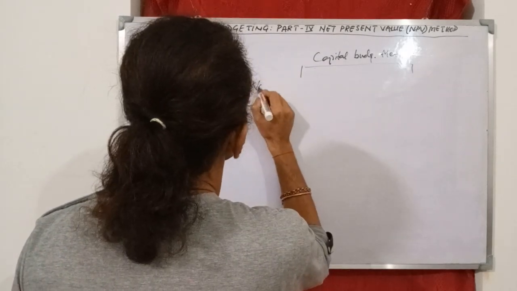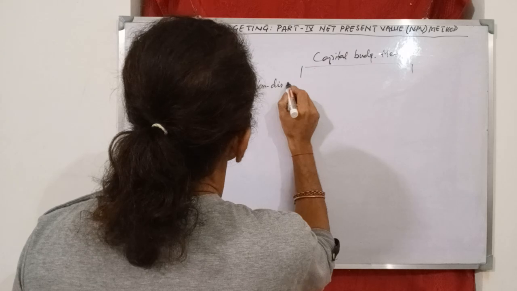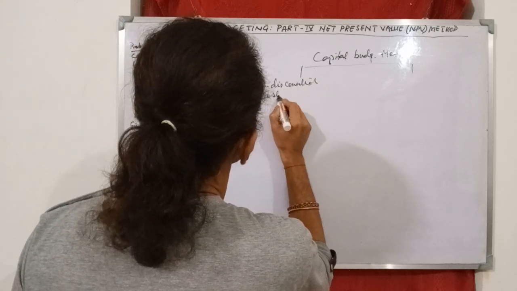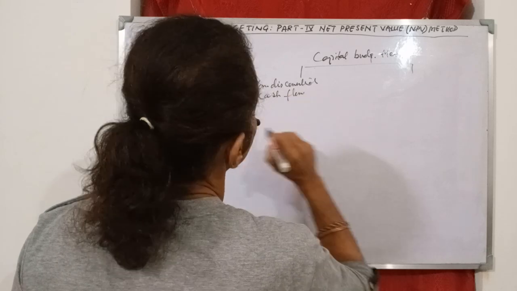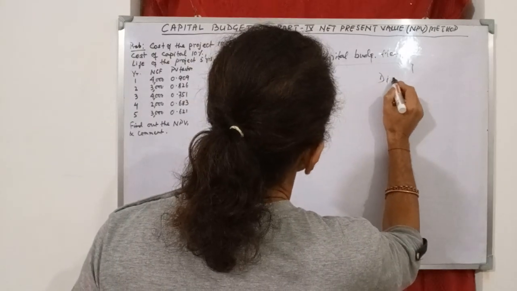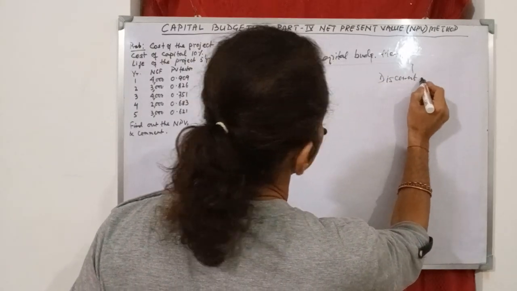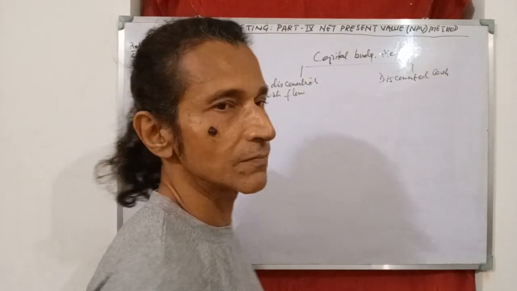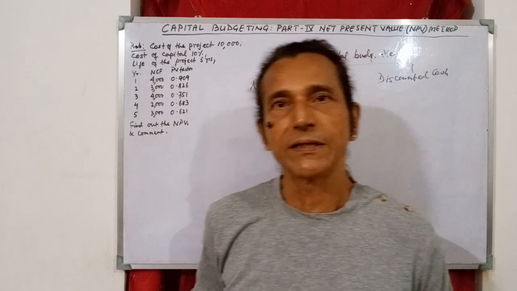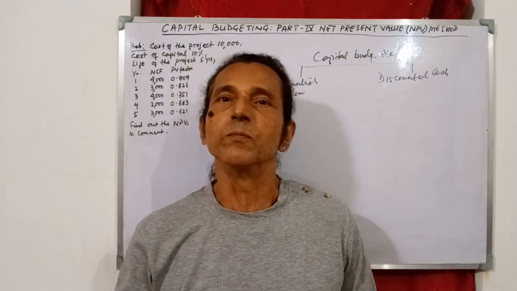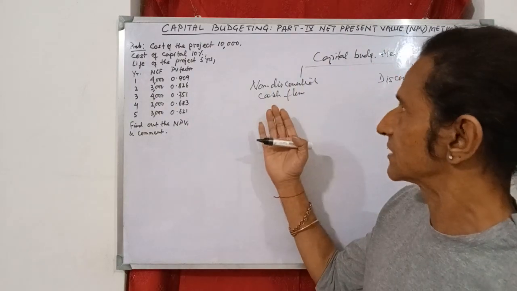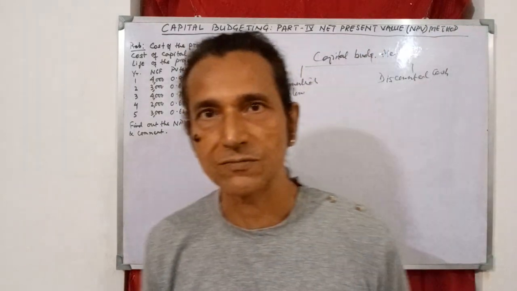One is non-discounted cash flow and the other is discounted cash flow. The methods of capital budgeting can be broadly classified into two categories. One is non-discounted cash flow method and the other is discounted cash flow method.